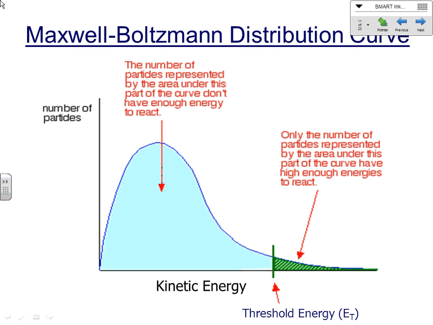So way out here, we've got the particles that have really high kinetic energy. So these particles, they're moving. They're zinging like crazy. They're bouncing around at like top speed. And then we also have a very few particles that have very low kinetic energies, all right? They're moving very slowly in a sample of gases.